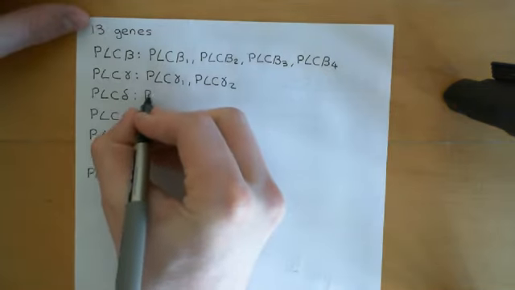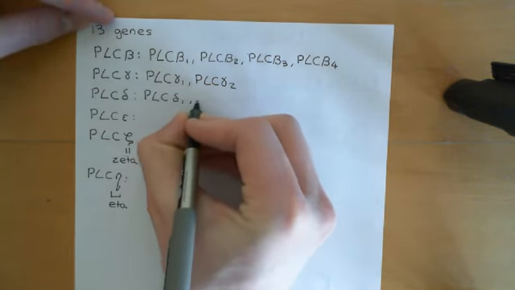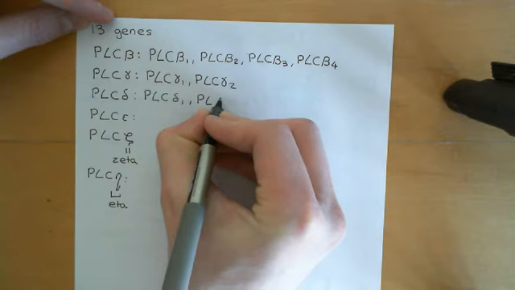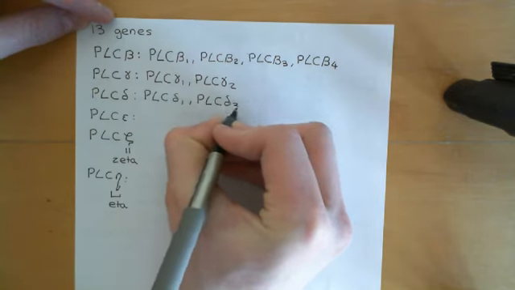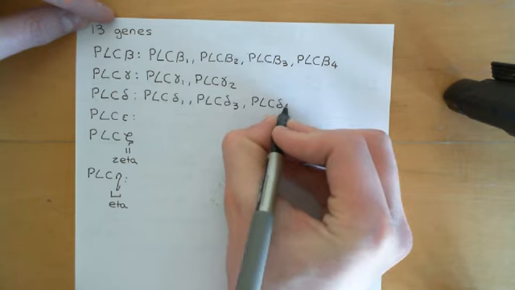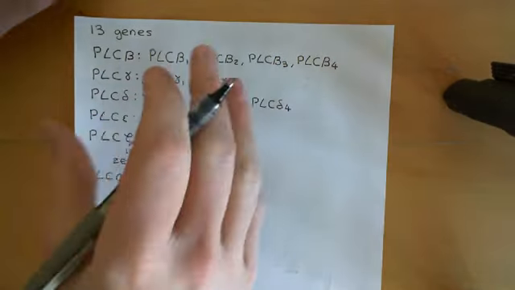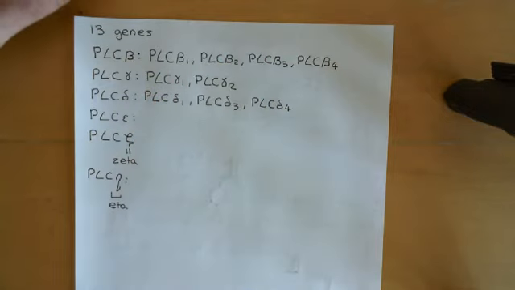Phospholipase C deltas, there are 3 of these: phospholipase C delta 1, then there is no phospholipase C delta 2 in humans, there is phospholipase C delta 3, and phospholipase C delta 4. These have a role in potentiating the signals of the others, as we'll see later on.